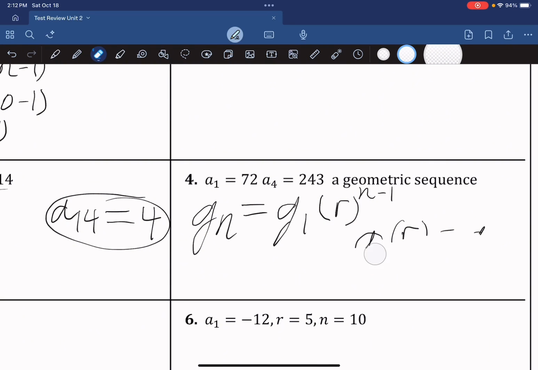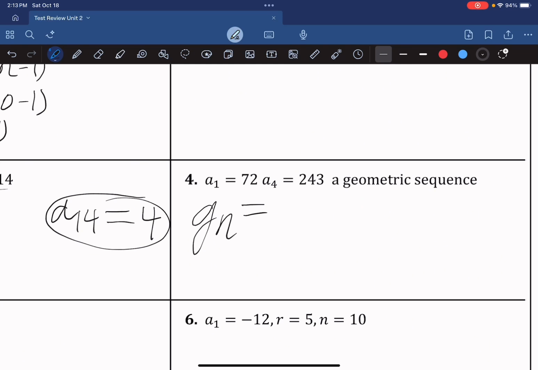So in this case, let's just write a general formula. So g of n equals 72 times, but since these aren't right next to each other, we can't just use that formula. So there's another thing we can do. We don't have to write out two different formulas.